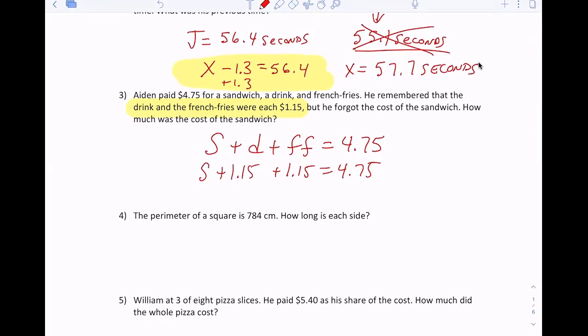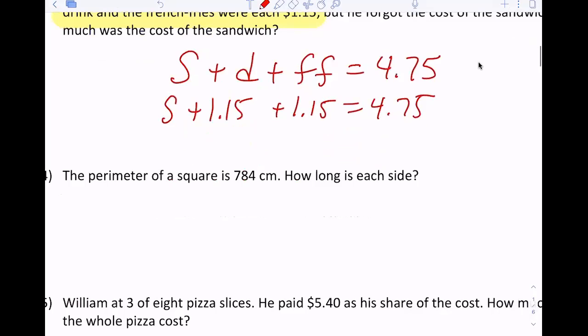All right. So now, obviously, we have the ability to do this. So we're just going to say the sandwich plus $2.30 is equal to $4.75. So that means the sandwich must have cost what? Come on now. $2 and what? 45 cents. Yeah, $2.45.